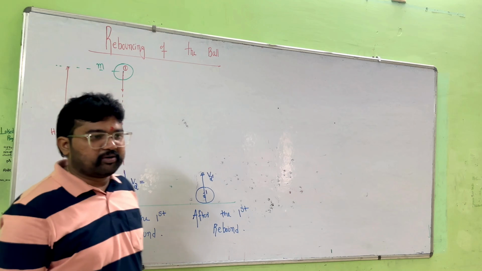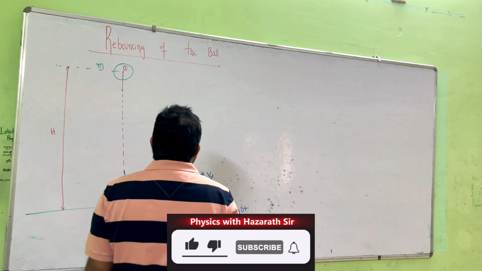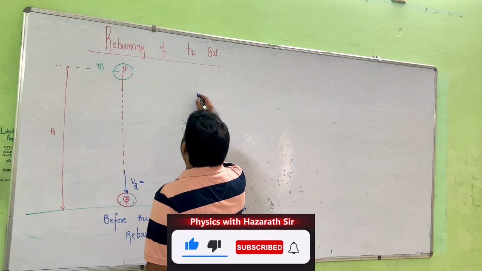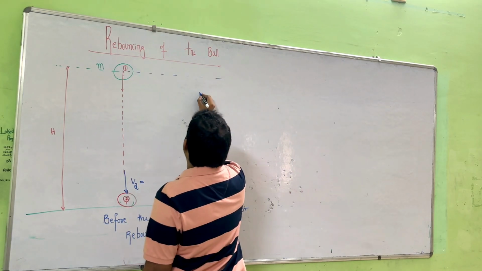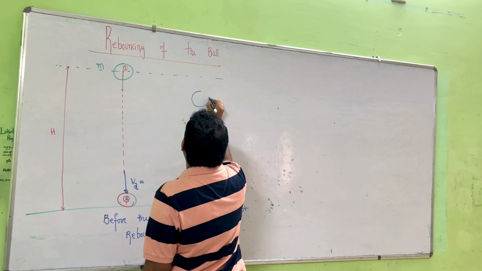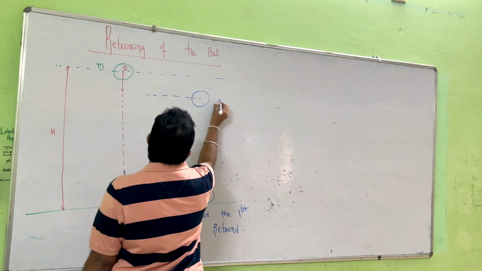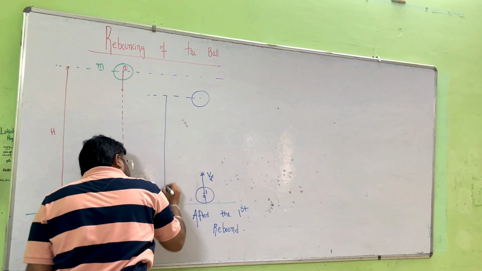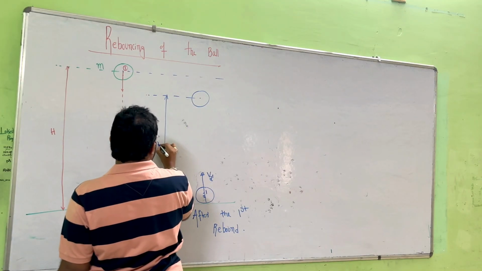This is the ground. After the first rebound, it reaches the height h1.